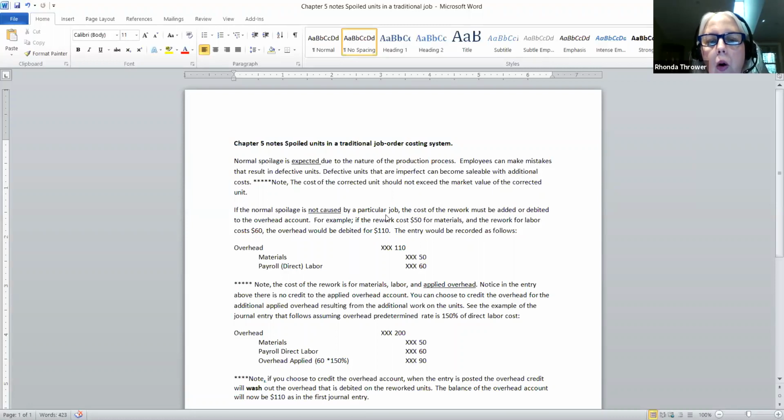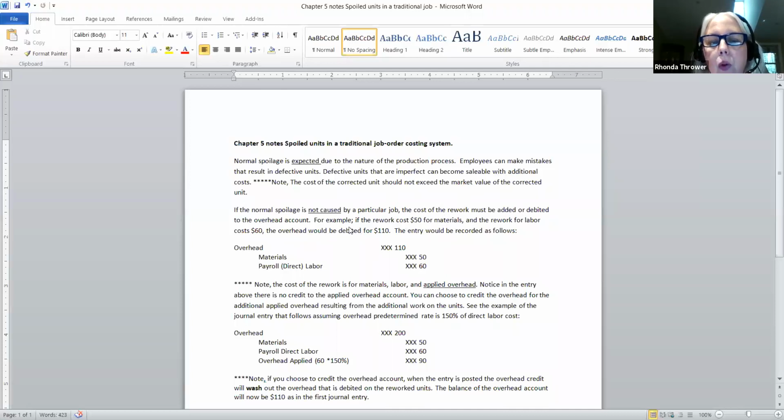It's just a part of the nature of our production process that sometimes we might have spoiled units. Sometimes employees just make mistakes that result in spoiled units. And if it's not caused by a particular job, the cost of the rework must be added or debited to the overhead account. And then they give you an example.